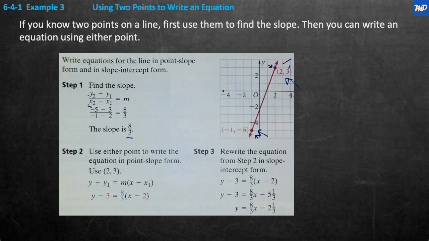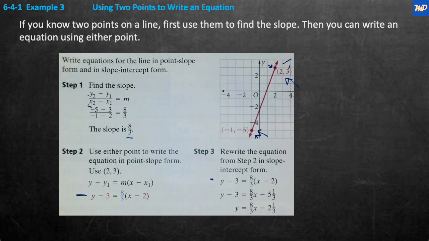We can now write slope intercept form. They want us to use that equation to get the slope intercept. We already know the slope. We just need the y-intercept. Well, how do we get that? We start with our equation, and we're going to add 3 to both sides to get y by itself, because it's y equals something. So y is equal to 8/3 x.